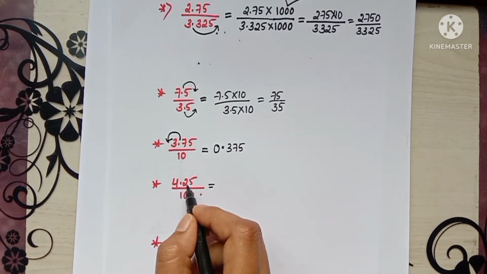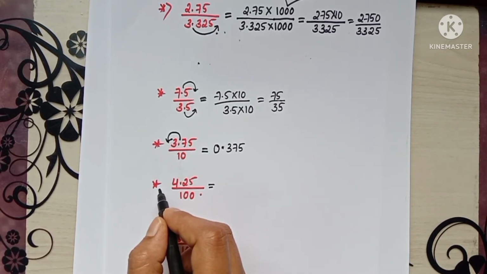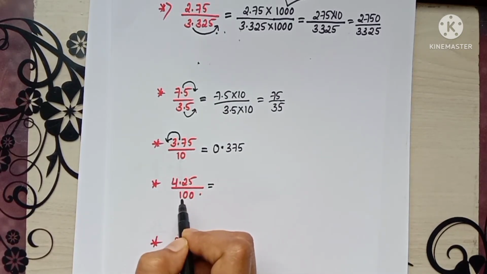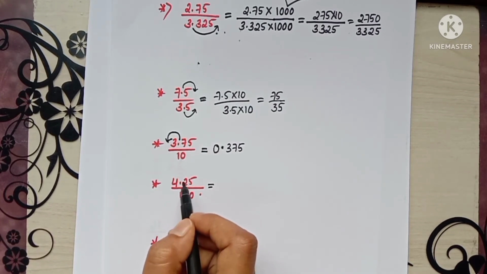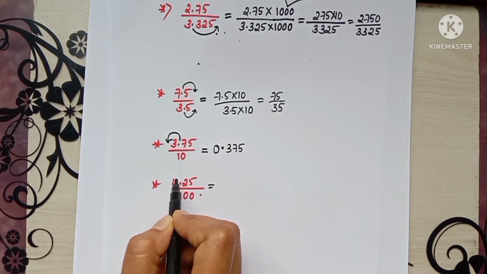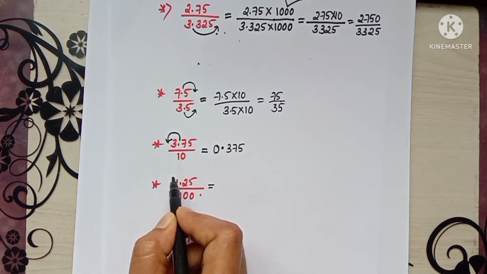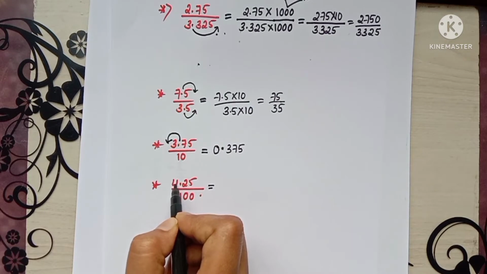Let us take another example. We have 4.25 divided by 100. Divided by 100 means we have to go to the left side. Left side, one digit means we have to divide by 10. Two digits means we have to divide by 100. So here we have to shift this decimal point by 2 digits because we have 100. 2 digits means here before 4 there is nothing.